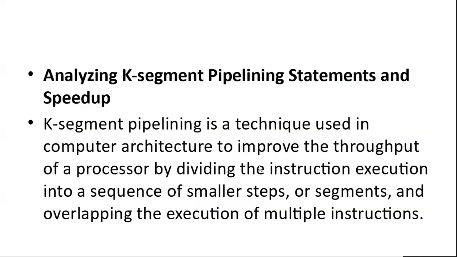K-segment pipelining means we are dividing a process into sub-processes and doing that process in smaller steps as a sequence, so that we can improve the performance of the processor. Okay.